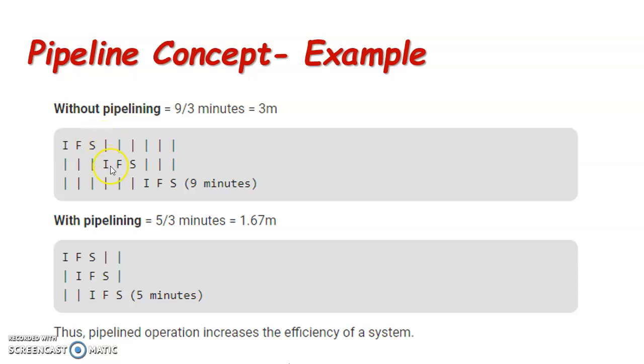Then the second bottle is inserted, filled and sealed. Then the third bottle is inserted, filled and sealed. So it totally takes 9 minutes to manufacture 3 bottles. That is, in a non-pipeline system, at a particular time, only one stage is busy with its work.